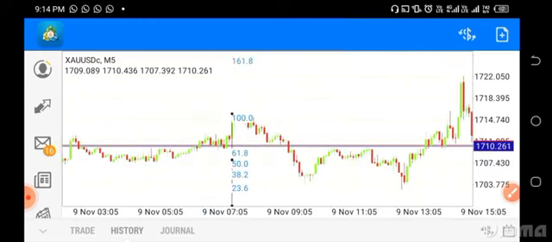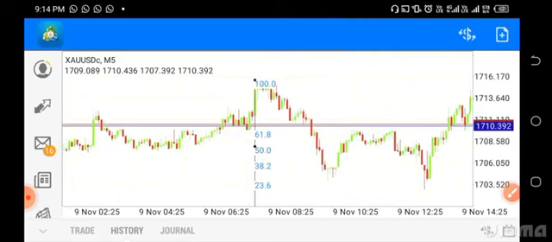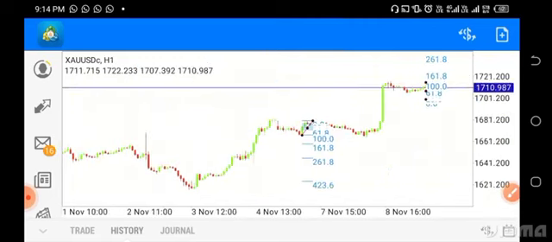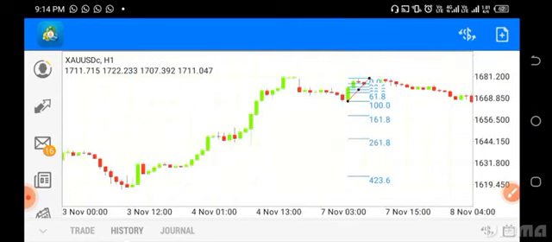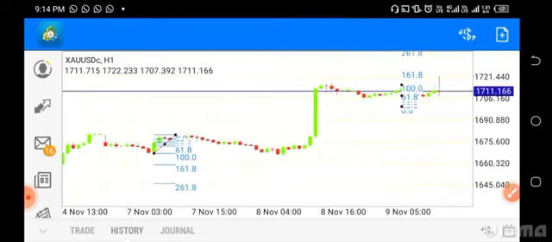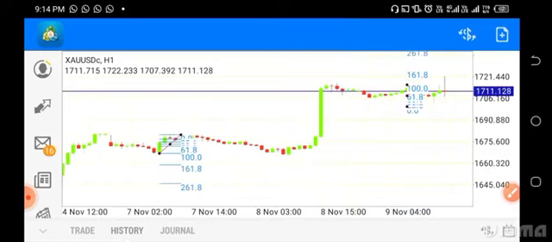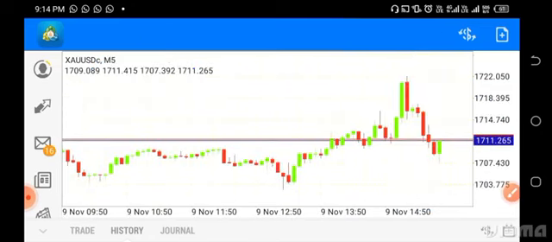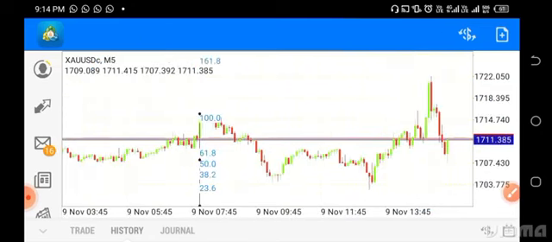Now if you check what happened in this scenario, we draw the level from 0 to 100, meaning 100 to 0 because it is a downtrend, correct.